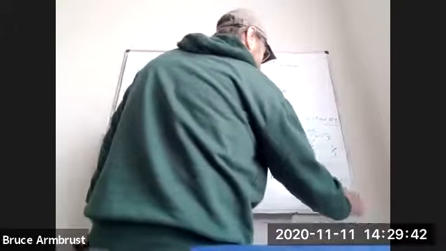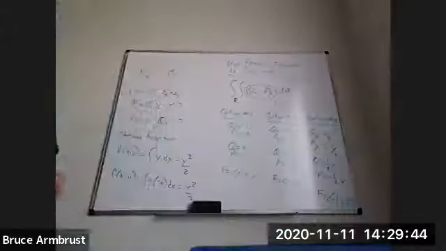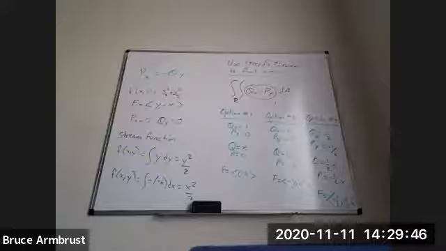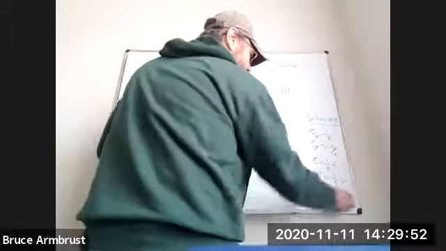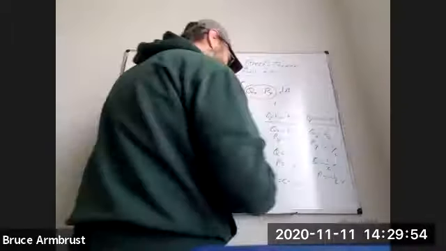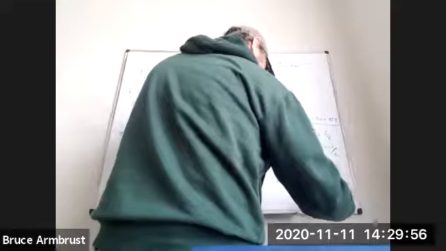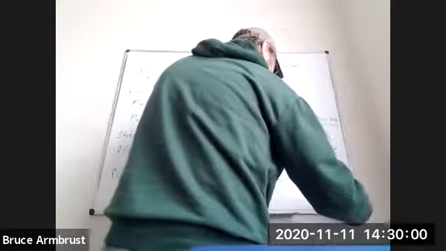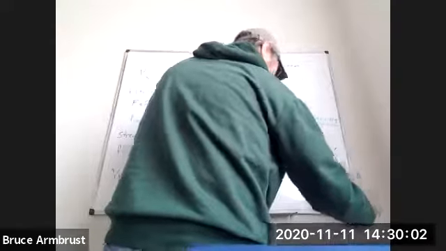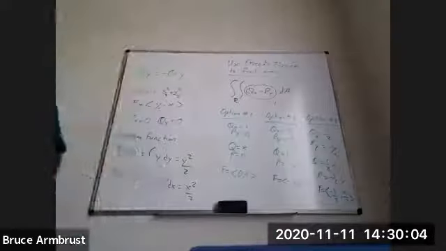And I apologize, I'm running out of space here. But in that case, your F would be minus 1/2 y, comma 1/2 x. Let me try to write that a little bit neater. Here's how I'll save a little space. Instead of writing 1/2 y, I'll write y over 2.